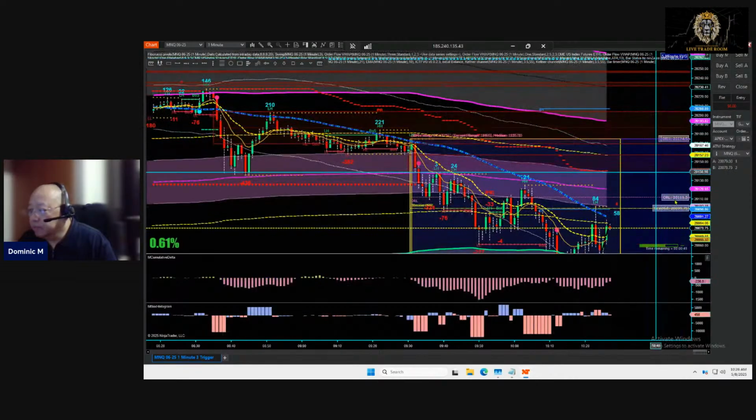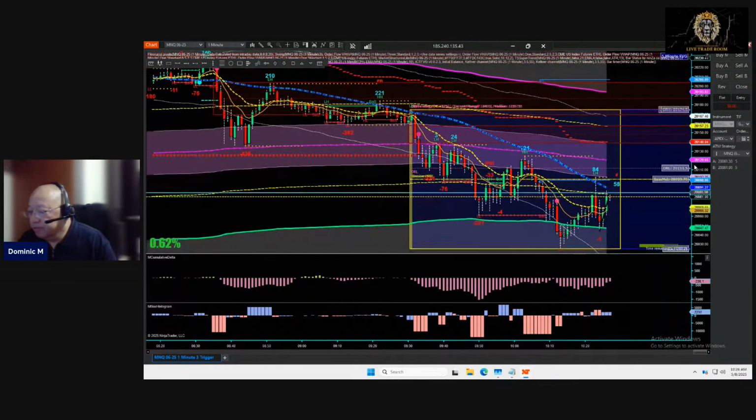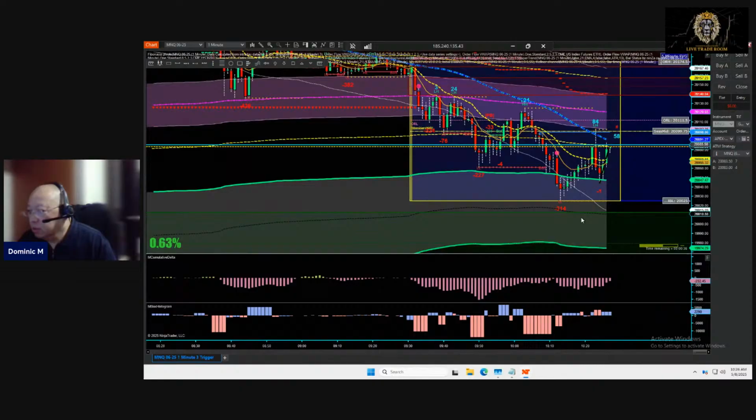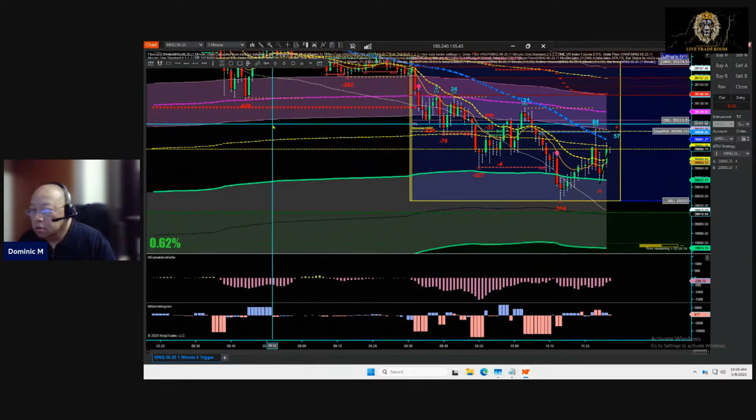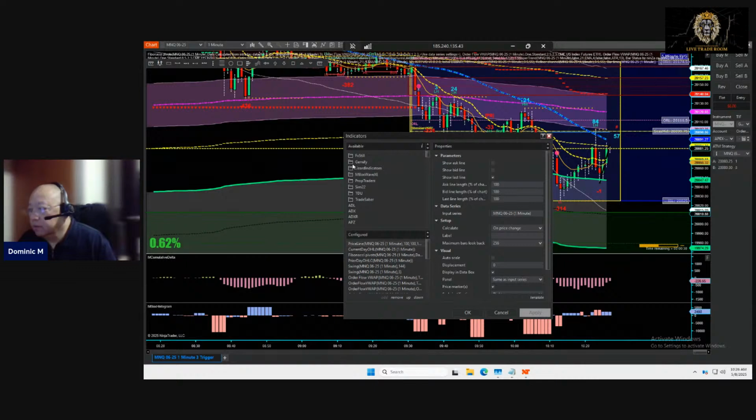I forgot to put down here where the previous day high and low are. I wonder if I have this here. Prior day. Yeah, here we are.